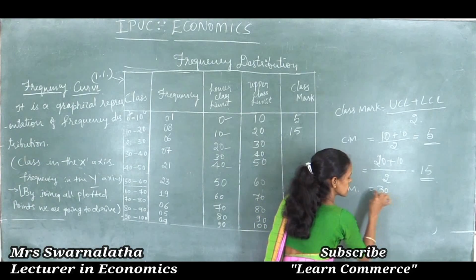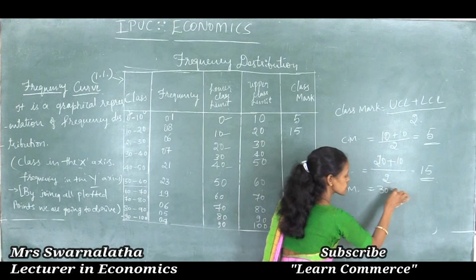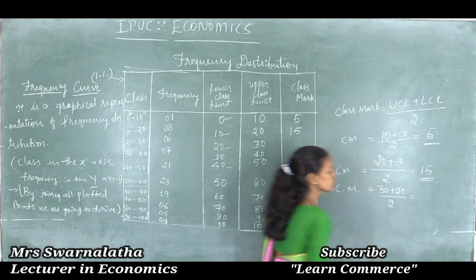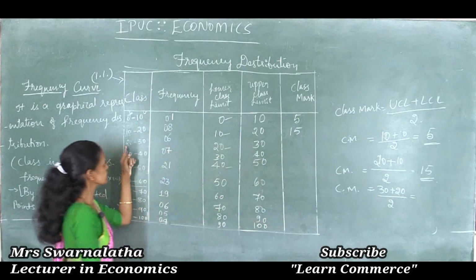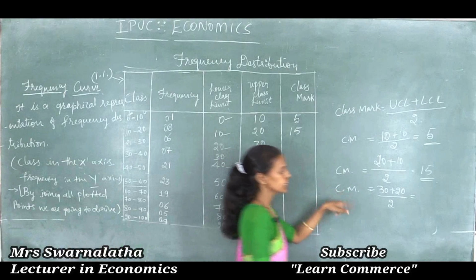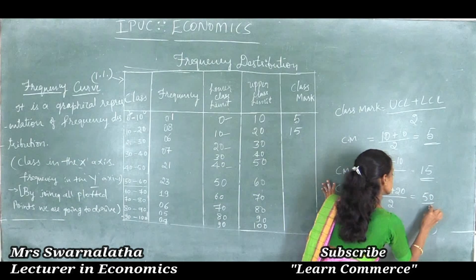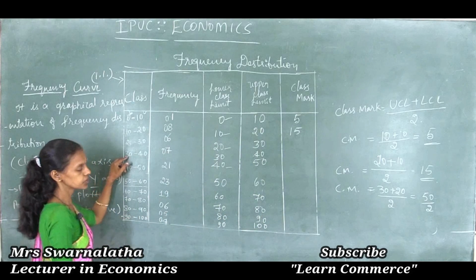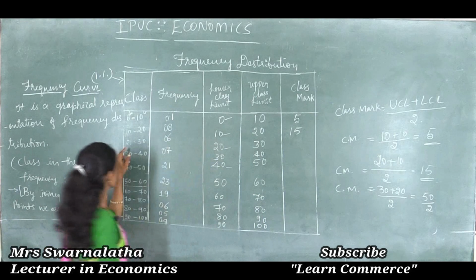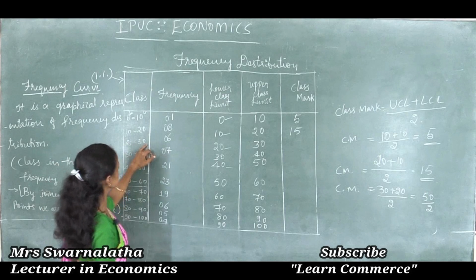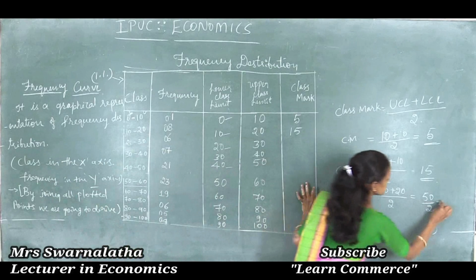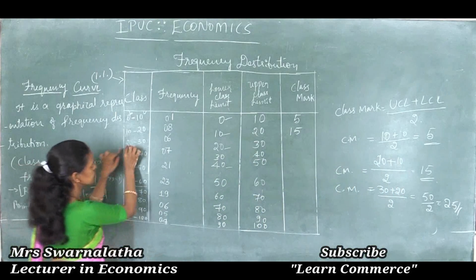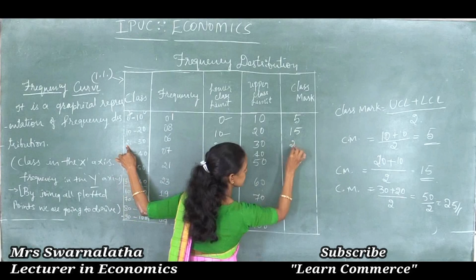As per the formula, first we take the upper class limit and next the lower class limit. 30 plus 20 divided by 2, that is 50 divided by 2, which is 25. The class midpoint between 20 and 30 is 25.